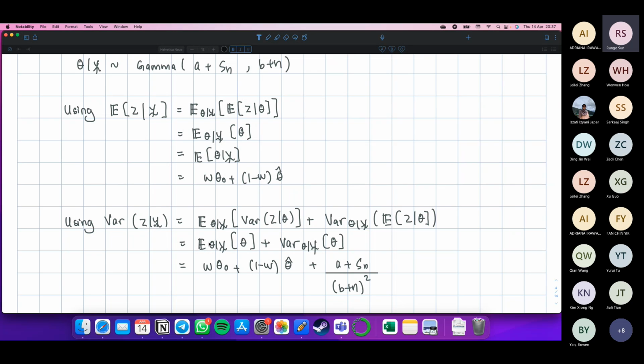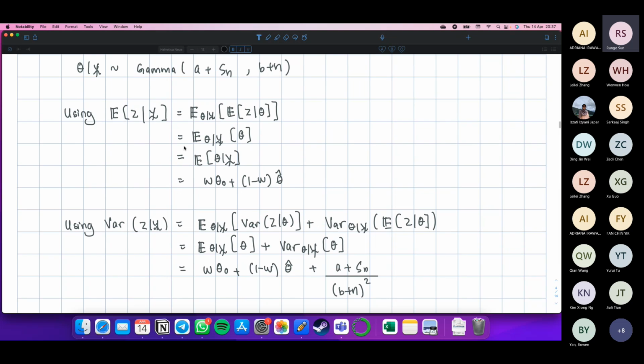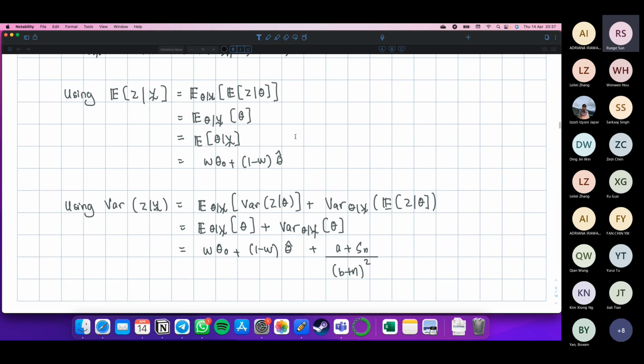On the second line, the expression of theta is the mean of the posterior, which is the weighted average we found earlier, and the variance of theta using the formula is just alpha over beta squared, which is a plus the sum of y_i over b plus n squared. So this is the variance.